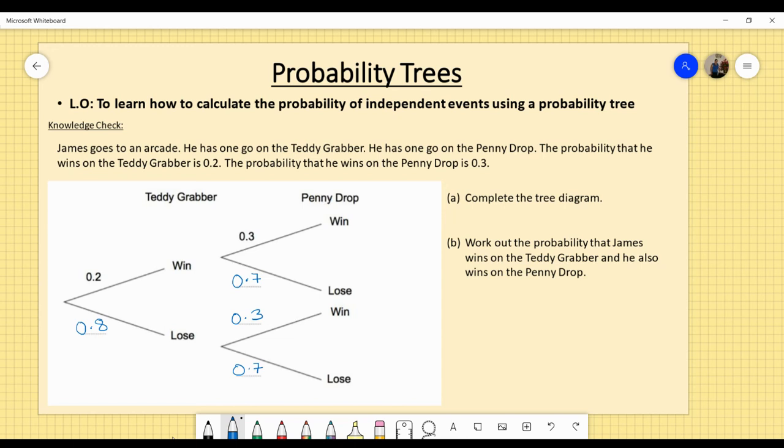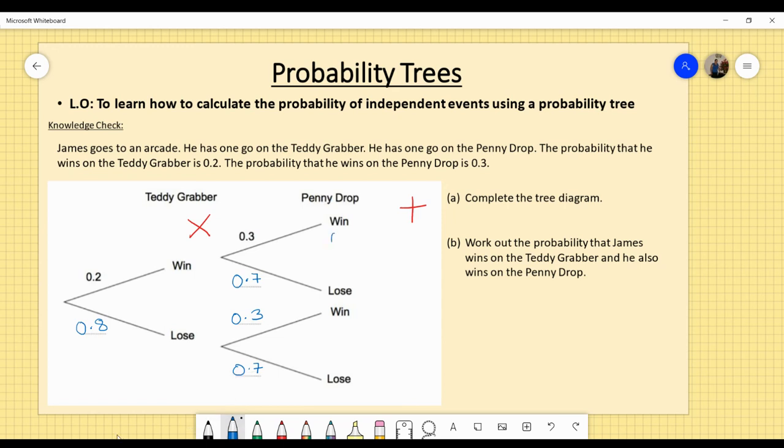We can then use that to work out all of our probabilities, but remember, we want to write our big times sign up here and our big add sign over here to remind us that's how we calculate those probabilities. And these are all in decimals, so we want to carry on using decimals.